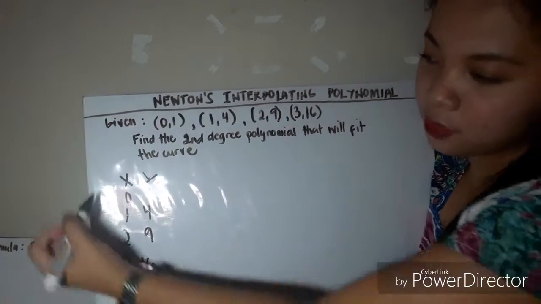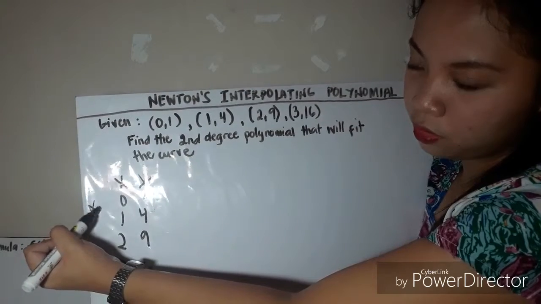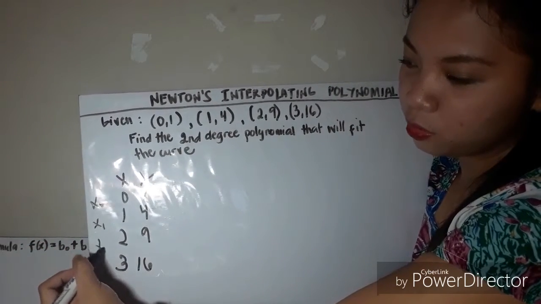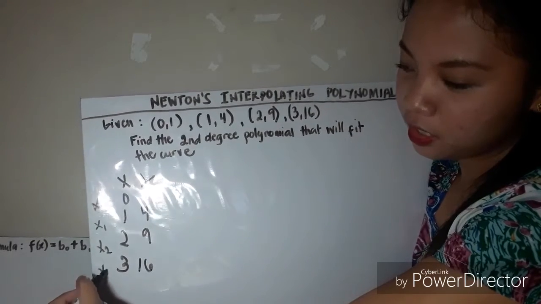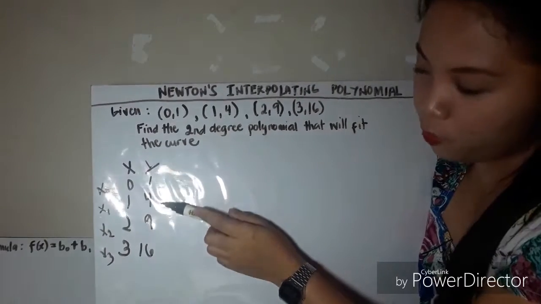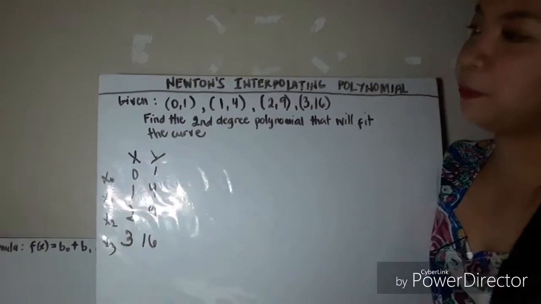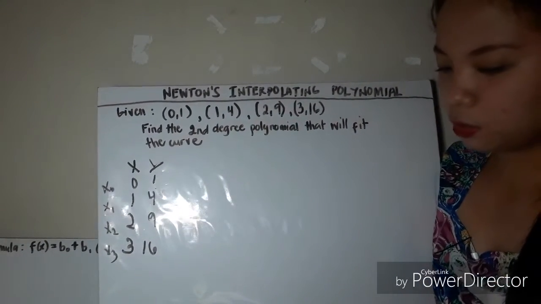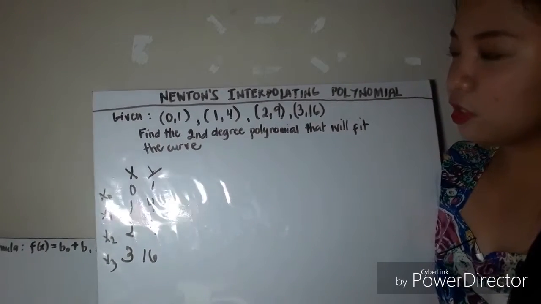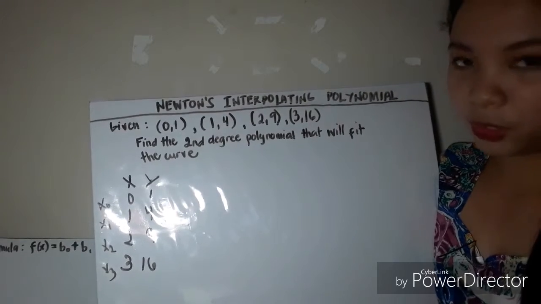So this is our x sub 0, this is our x sub 1, this is our x sub 2, and this is our x sub 3. And also this is our y sub 0, y sub 1, y sub 2, and y sub 3. So the Newton's interpolating polynomial has a pattern.